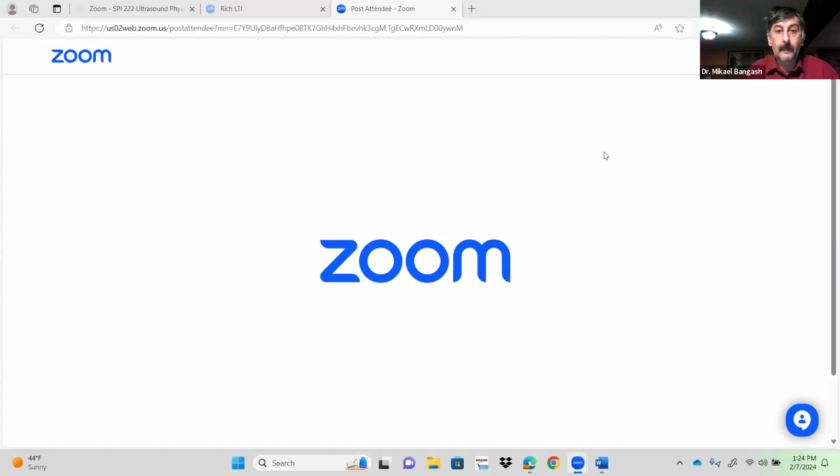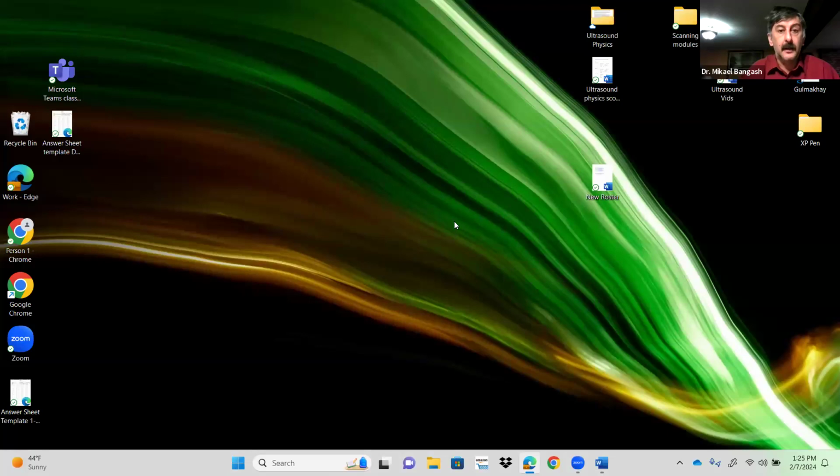Adjusting the brightness on the monitor. And now let's see, hopefully you guys may be able to see what goes on here. Can you guys see my desktop? Yep. Good. Now, where is it? Okay, good.